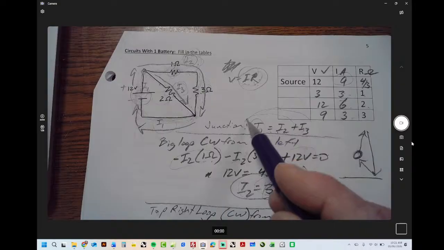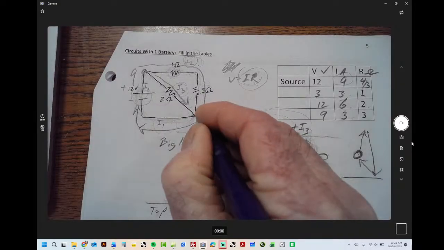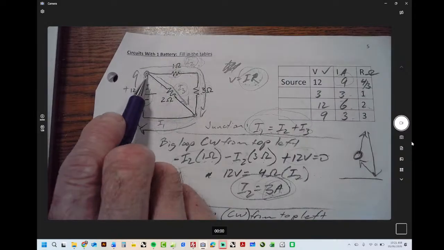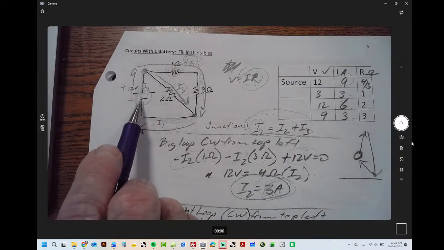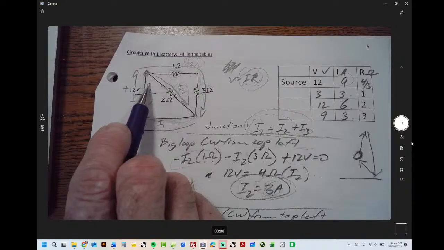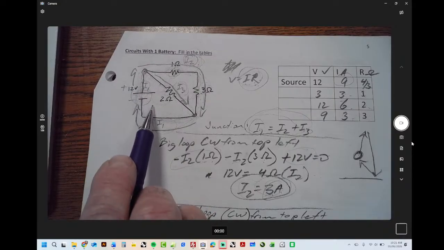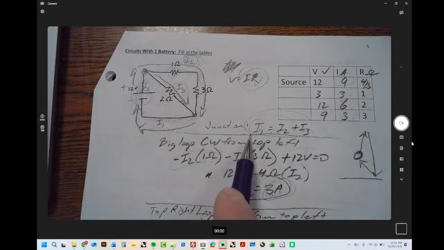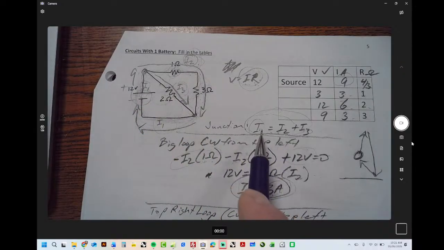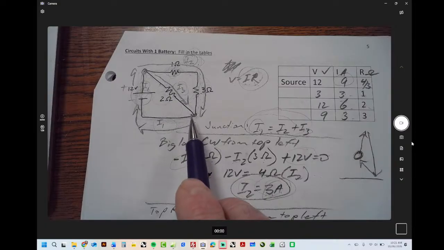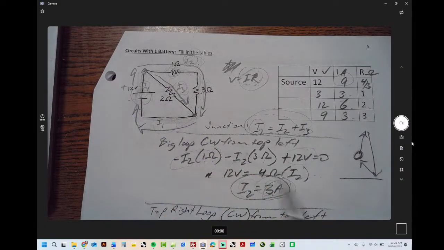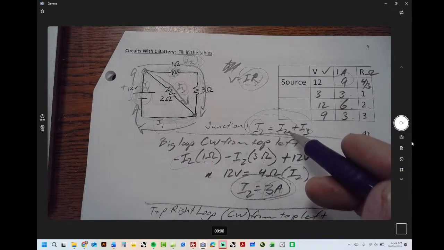He's got this thing called the junction rule, which says for any junction, like this junction or this junction, I think I chose this one, the sum of the currents going in, which would just be I1 here, equals the sum of the currents going out, which is what I've called I2 and I3. So that's where I get my equation. And we've got three different currents in here, and we've got to figure them all out. So we need a system of equations with three equations, and that's one of them.